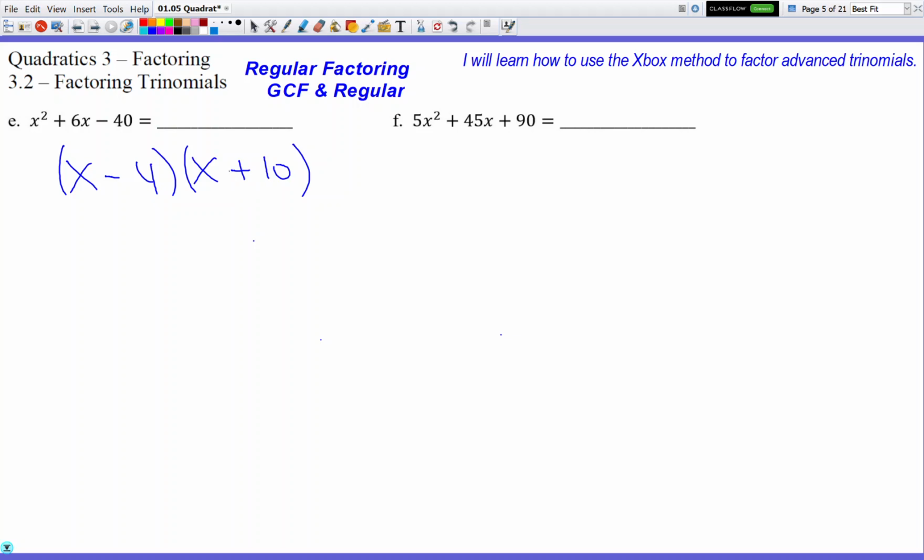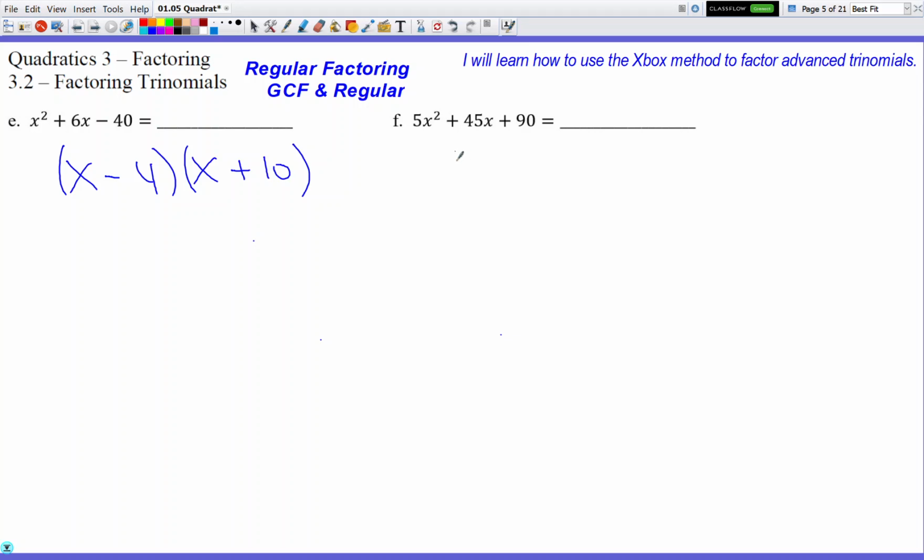Okay, so this next problem is going to be almost your worst nightmare up to this point so far. We're going to do two techniques on one problem. First we're going to do GCF, and then we're going to do the kind of factoring that we just did. So first we have a 5, a 45, and a 90.